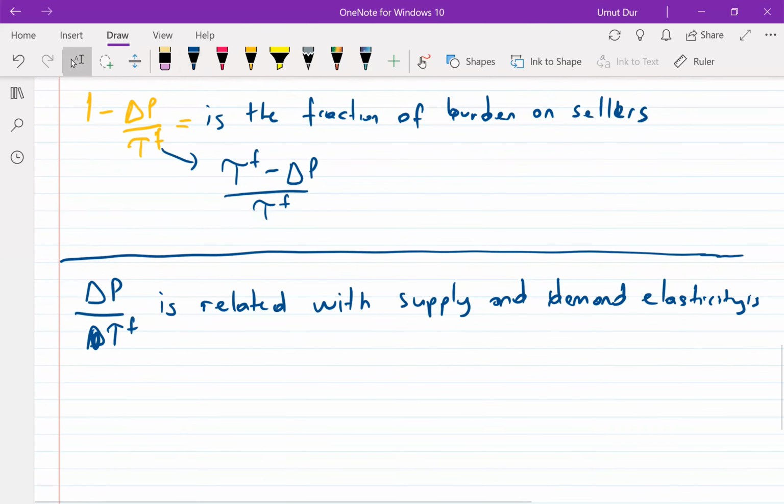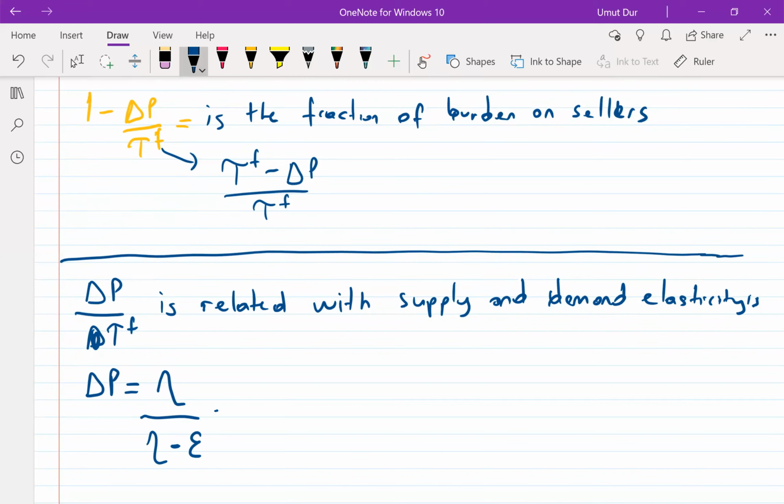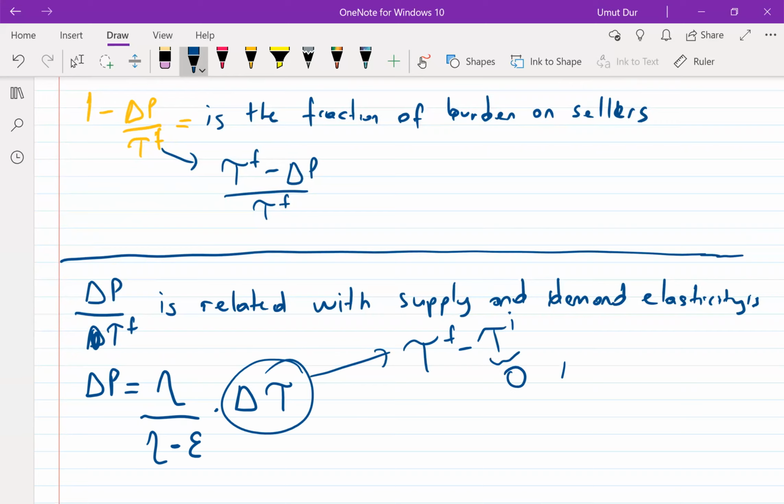In fact, we will derive this: delta P is equal to the supply elasticity divided by the supply elasticity minus demand elasticity, times delta tau, which is tau F minus tau I. Since we take tau I as 0, delta tau is equal to tau.